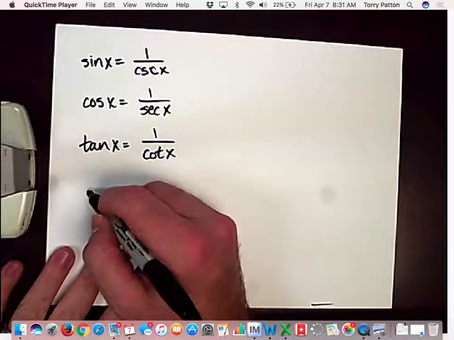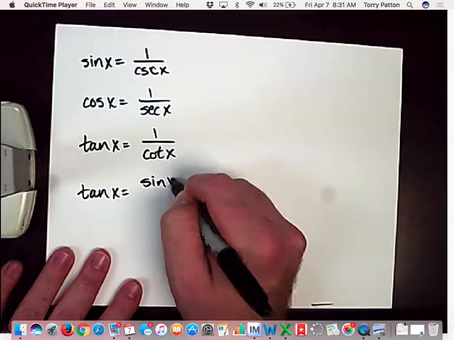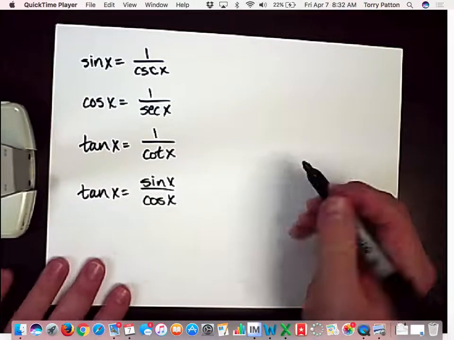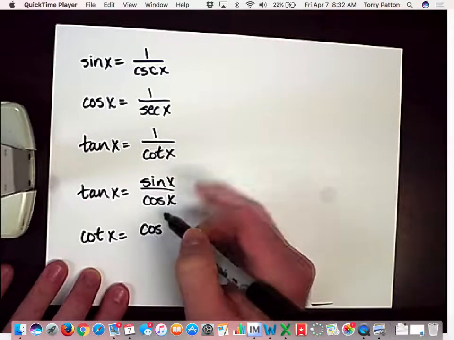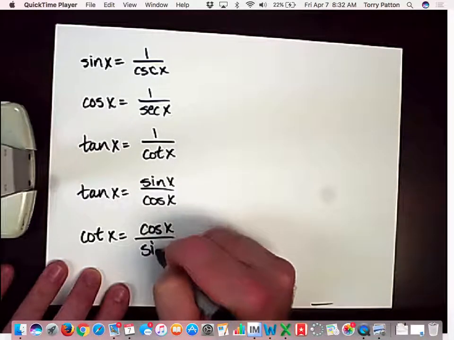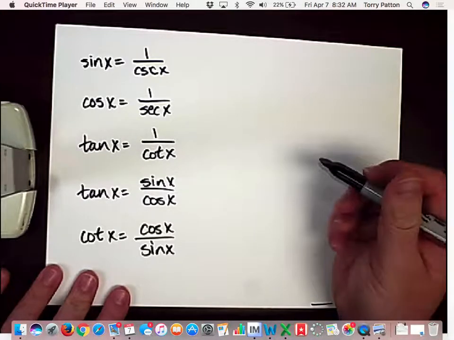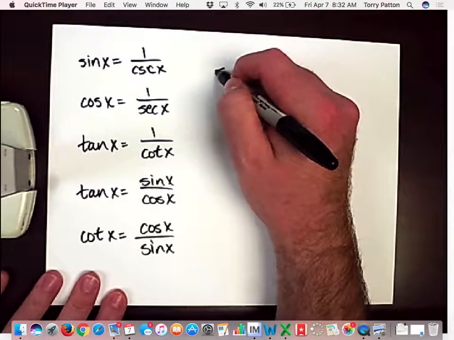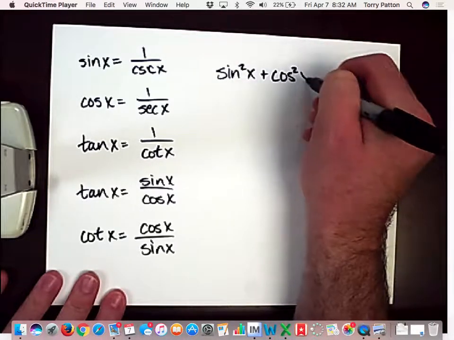Then we also know that tangent x is sine x over cosine x, which follows that cotangent x is cosine x over sine x, right? Then we got the 3 that we learned today, which the first one is the most important. Sine squared x plus cosine squared x equals 1.